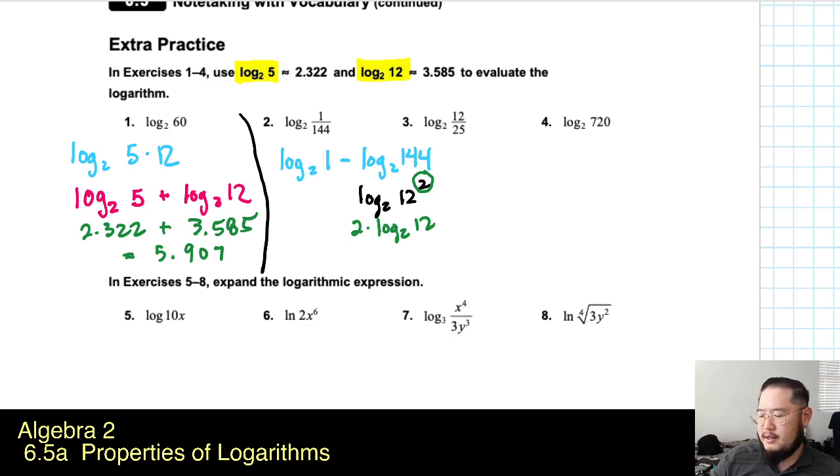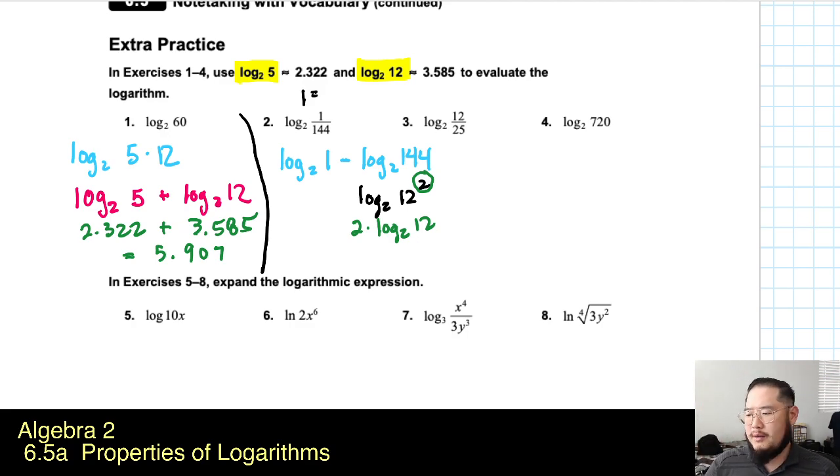All right, so but then what do I do with that log base 2 of 1? Good question. There's nothing there that looks like I could change 5 to a 1 or 12 to a 1. No way. But think about this. How could I rewrite this logarithm as an exponent? All right, so let's rewrite this. And so if I do that right here, I'm going to end up with 1 is equal to 2 to the x power.